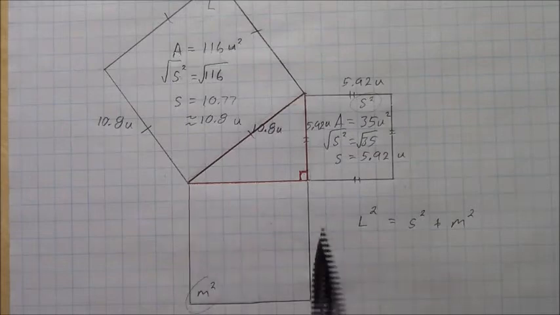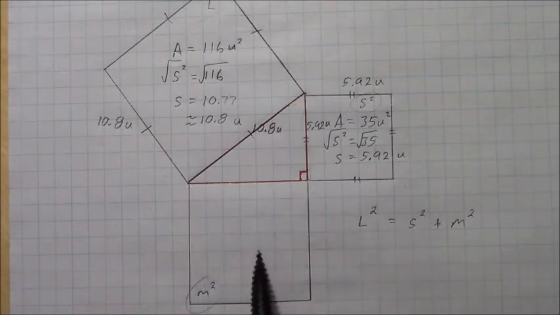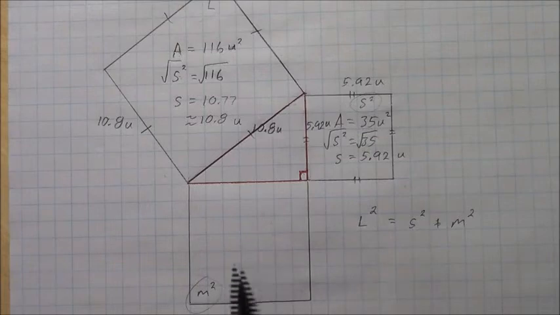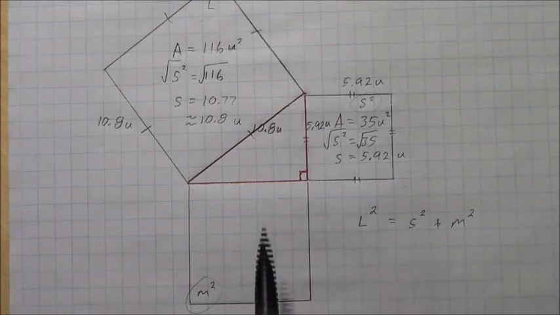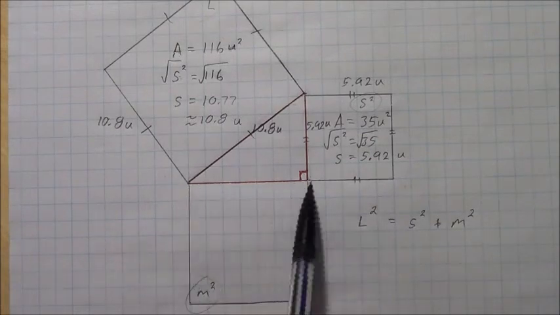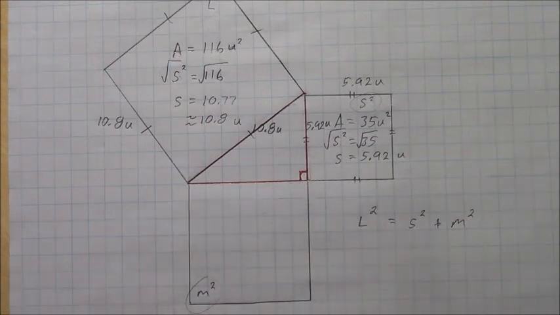Now we need to find, first of all, the area of this medium size square, and then use that to find the missing side length of this right triangle.